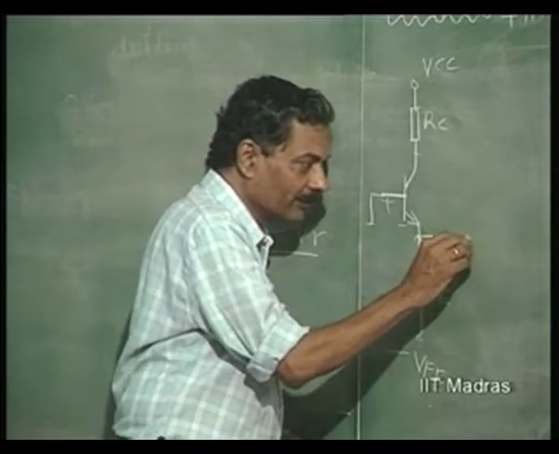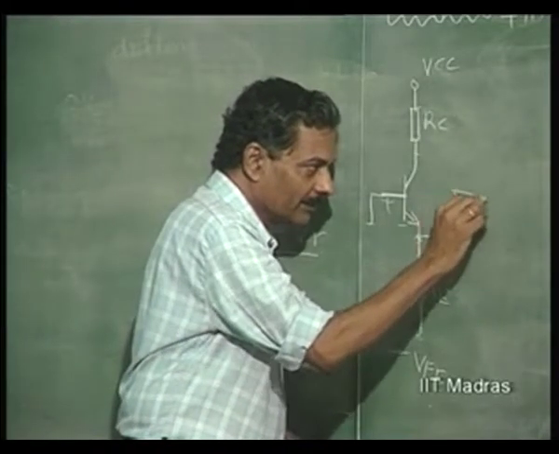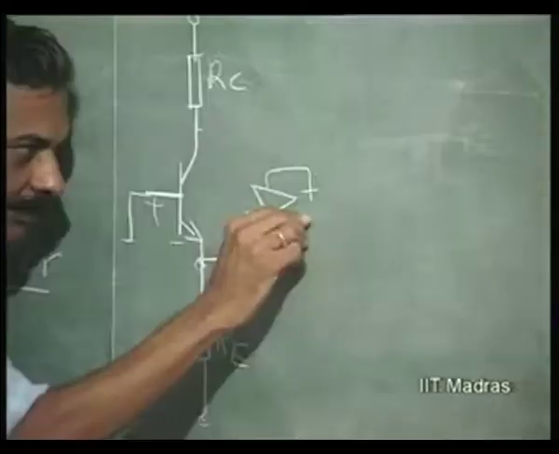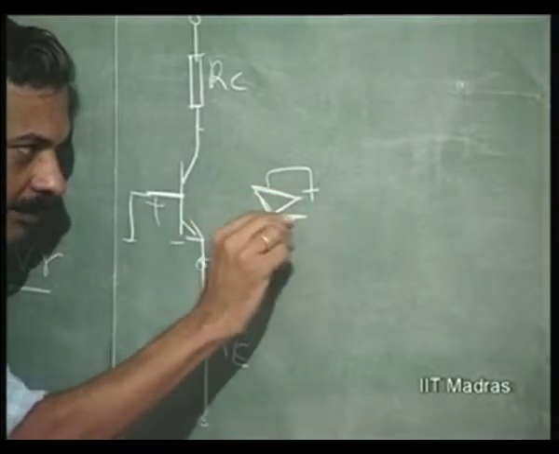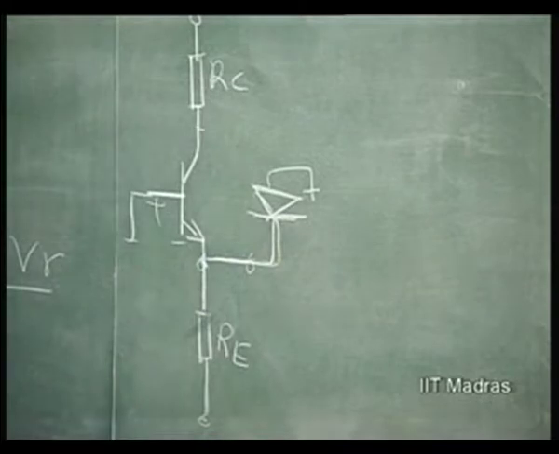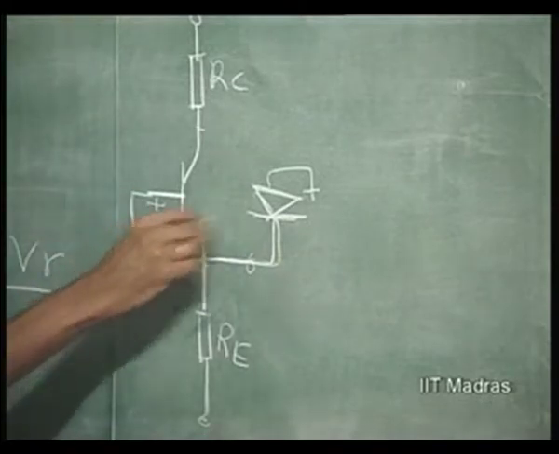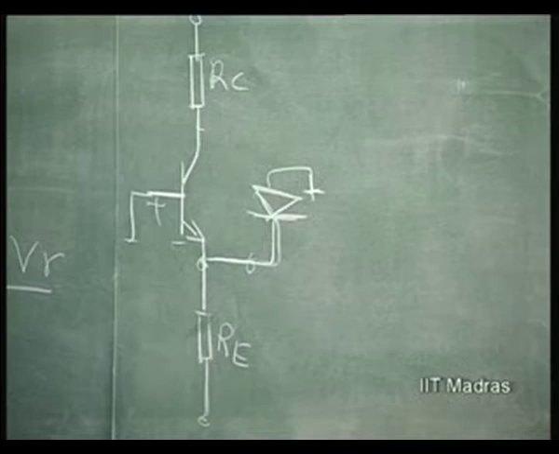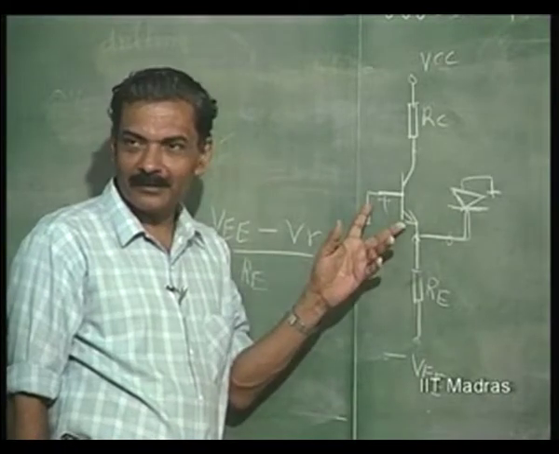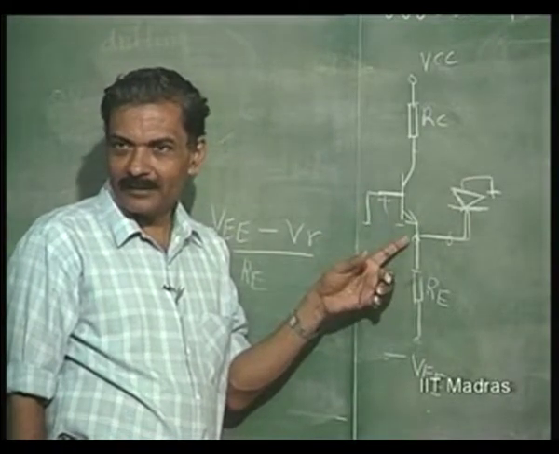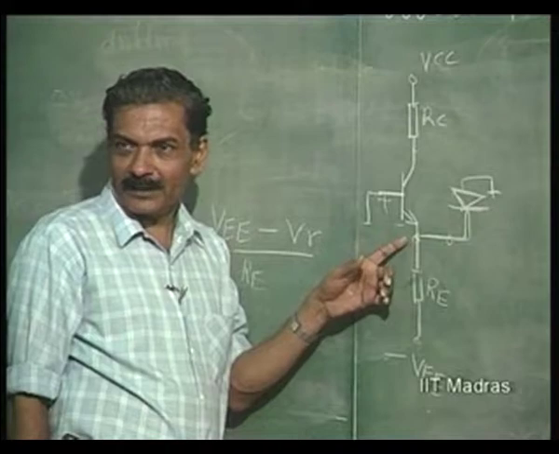What do I do? I put a diode which is forward biased in this direction. Because this is plus minus, if I ground this diode, that also will get simultaneously forward biased by the same extent as this diode. The base to emitter junction is acting like a diode.